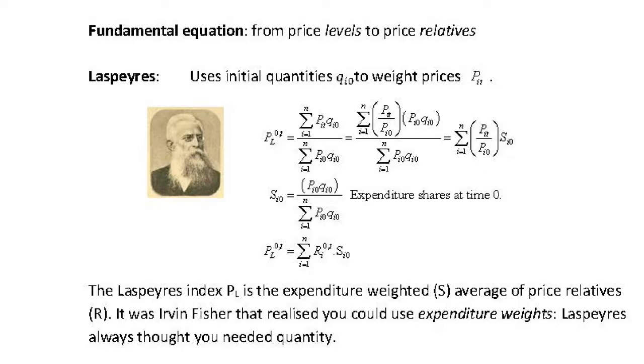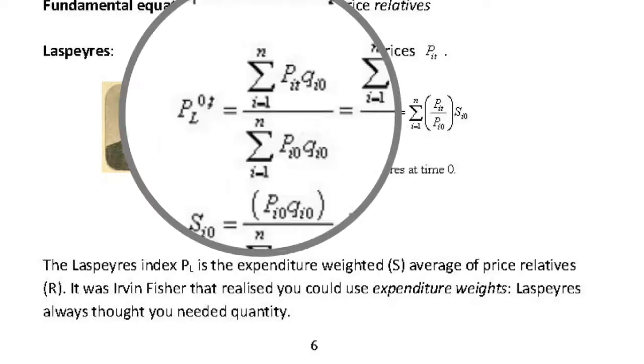We've simply got our Laspeyres index P_L at 0t is equal to the sum of i equals 1 to n p_it times q_i0 in the numerator. So the p_it, the prices at time t, are weighted by quantities q_i0, the base period quantities, divided by the sum of p_i0 q_i0, the base prices p_i0 times the base quantities q_i0.